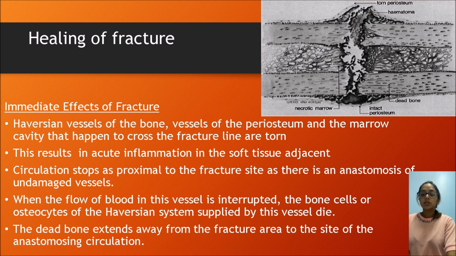When the blood flow in the vessel is interrupted, the bone cells, or the osteocytes of the Haversian system supplied by this vessel, will die. The dead bone extends away from the fracture area to the site of the anastomosing circulation.